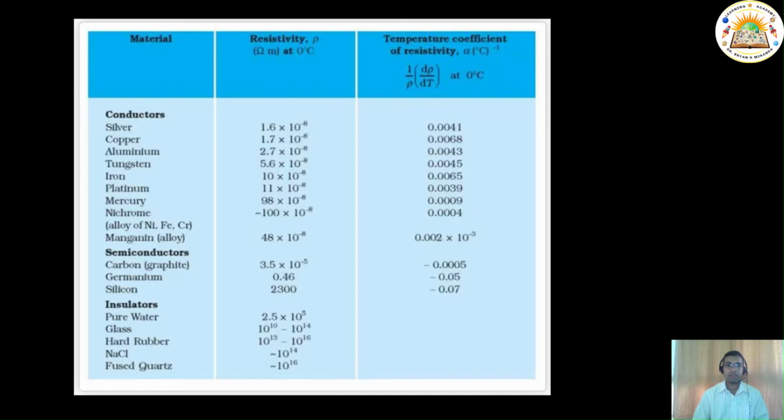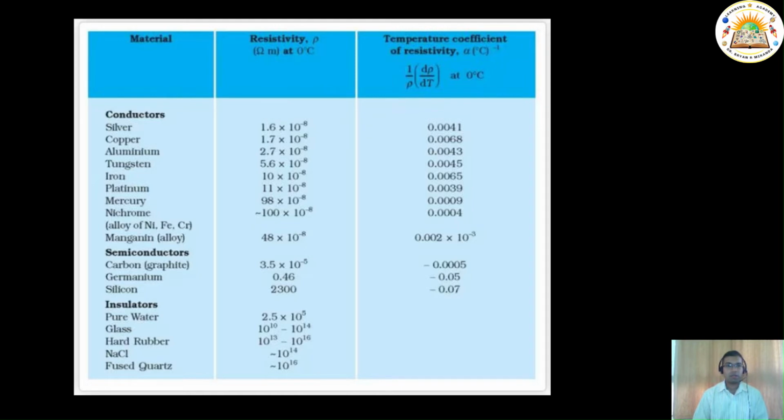It has to be high in the sense that we need a certain amount of resistance to be offered for the flow of electrons. But from a macroscopic view, that resistance is going to be very, very less, though for that electron to pass, it would have felt a huge amount of resistance. Since resistivity is in 10 power minus 8, the resistance of all these metals or conductors is going to be very, very low.